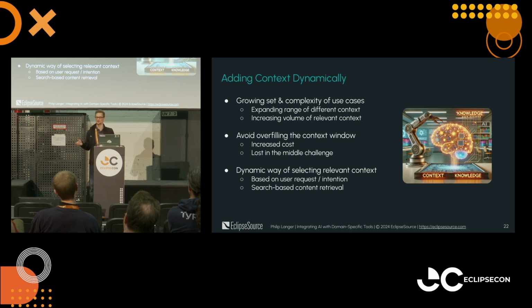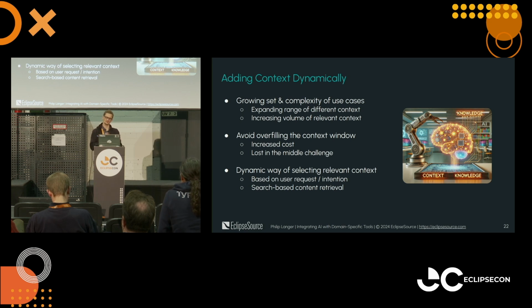Maybe because it also increases cost, but what's even more problematic, because of the lost in the middle problem, the more irrelevant content you add, the more you kind of bury the relevant context, and by that decrease the quality of the answer of the LLM. So you want to basically provide a spot-on context, and that's the challenge.